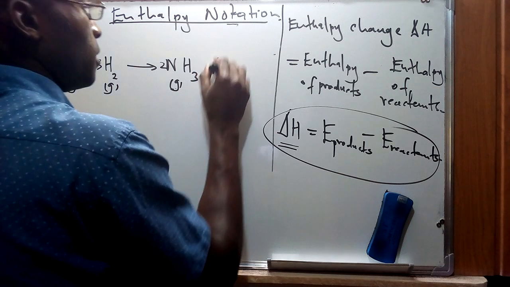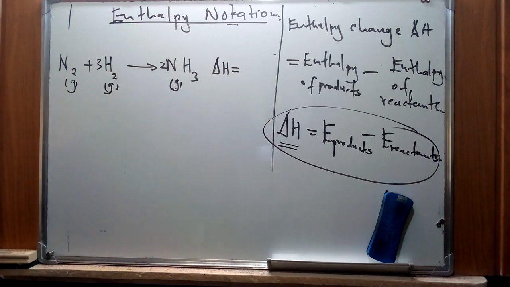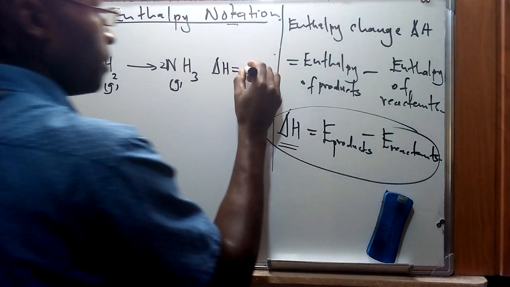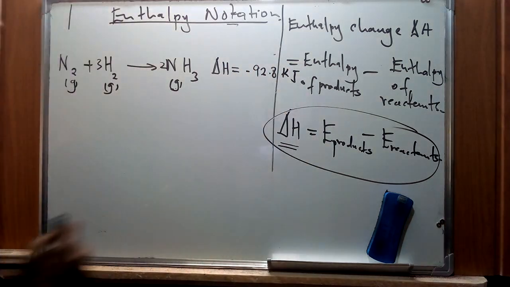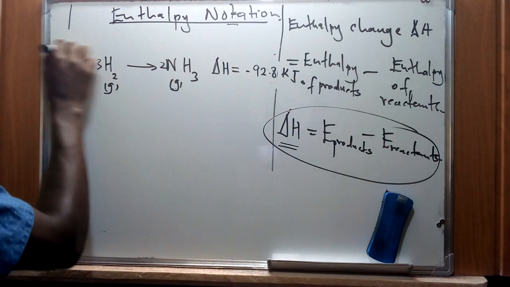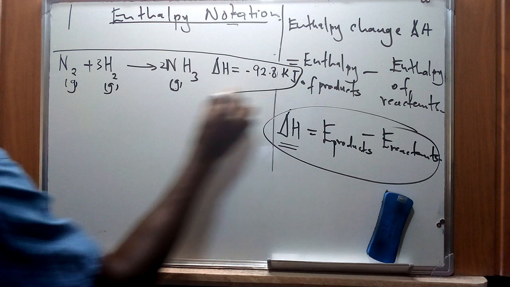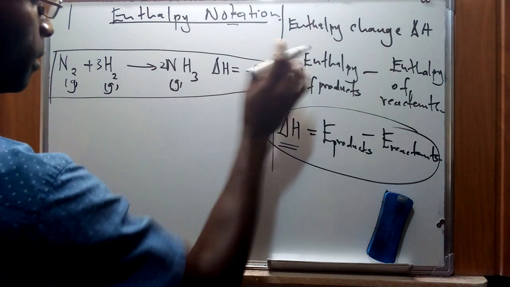So I'm going to write the change in energy involved in this specific reaction. It's negative 92.8 kilojoules. So apart from writing this stoichiometric equation for the formation of ammonia, I've included some information in front of the equation, which is negative 92.8 kilojoules.